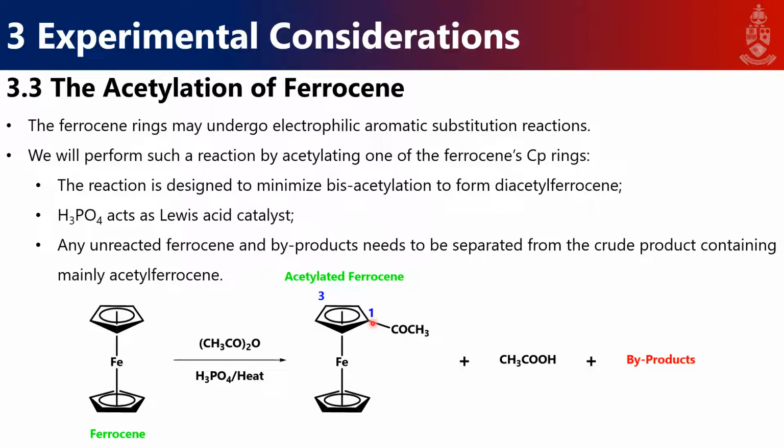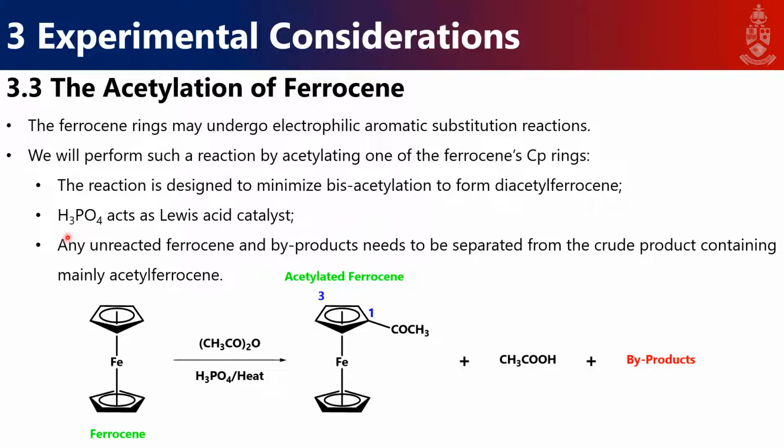You can have an acetylation of your ferrocene here, but it can also acetylate on this ring and this ring, because these rings are symmetrical and identical. So that is what is included in the byproduct. You can have this product forming as well as some byproducts where both of these Cp rings are acetylated.